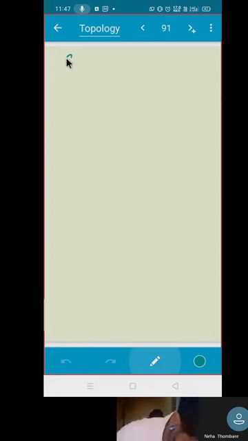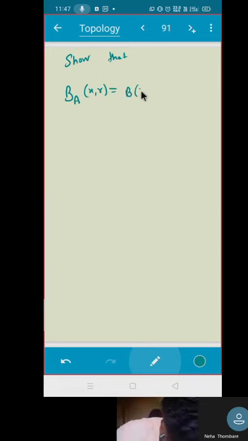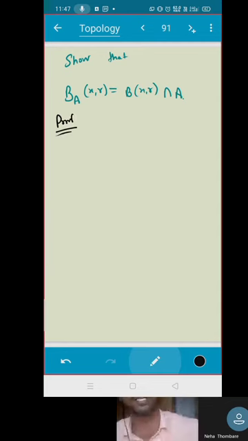There is a question. Show that B_A(x, r) is equal to B(x, r) intersection A. Can you show this? Just check whether you can prove this or not. You are supposed to show that two sets are equal. B_A(x, r), what do you mean by that? Just now I showed you.